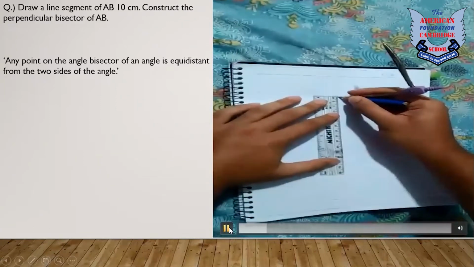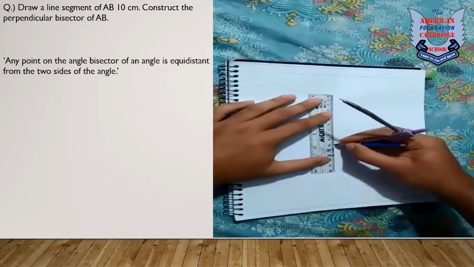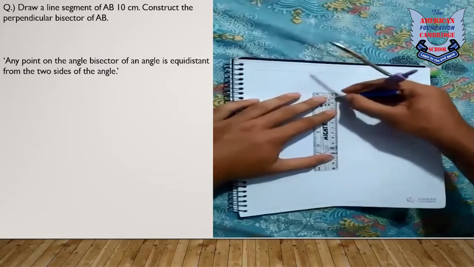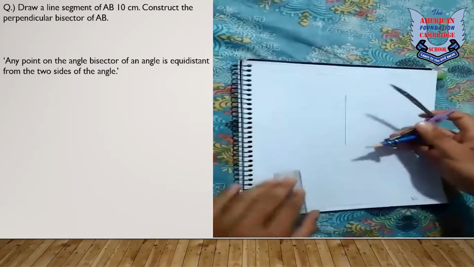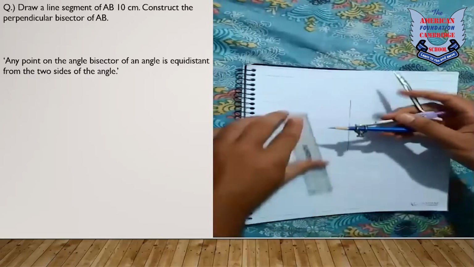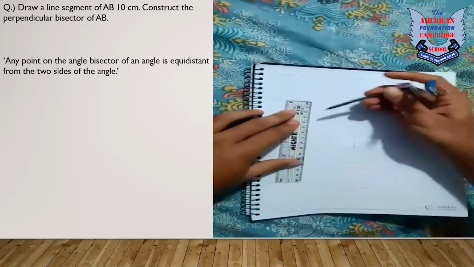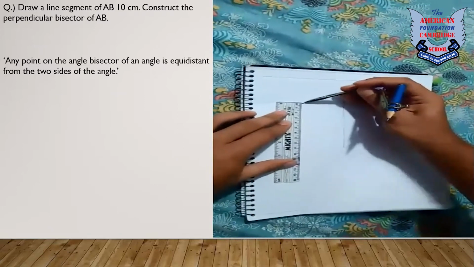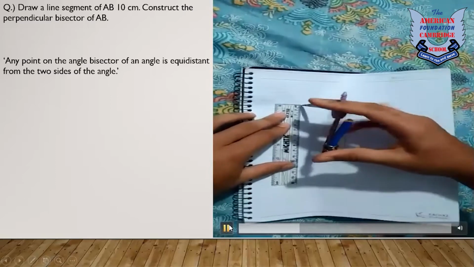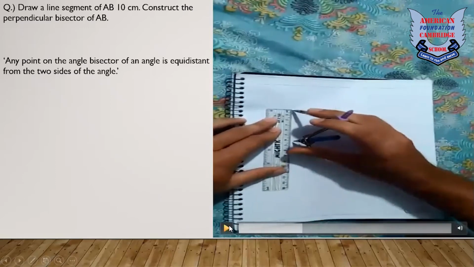You'll sketch a line segment of exactly 10 centimeters. That will be your line segment AB. Then you'll fix the compass at more than half of the line segment.